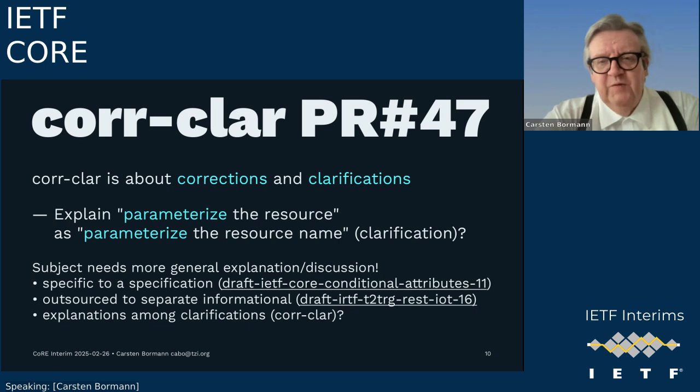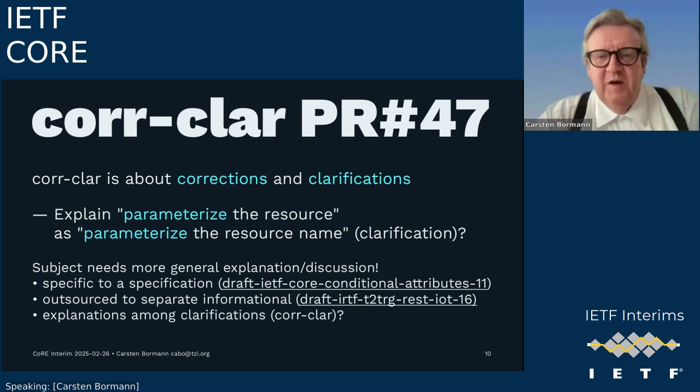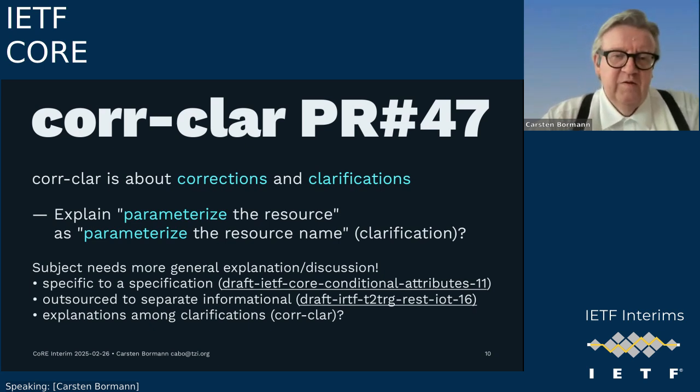And of course, we could just reinterpret this as parameterize the resource name. As you know, in English, we often don't make a distinction between a thing and the name of a thing. And we would just put in a clarification into the core cloud document that says, oh, this is meant to be parameterized the resource name, and we don't get excommunicated by not following the true faith on this.